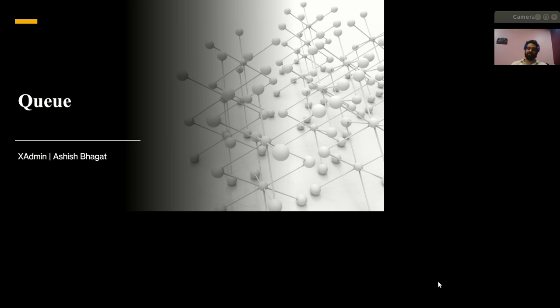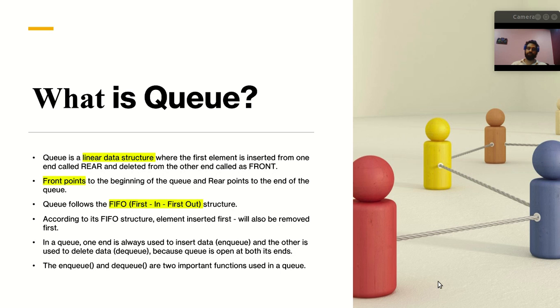First we will see the definition of a queue, and then try to understand what a queue is. A queue is a linear data structure where elements are inserted from one end, and elements are always deleted from the other end. So basically the queue has two ends.